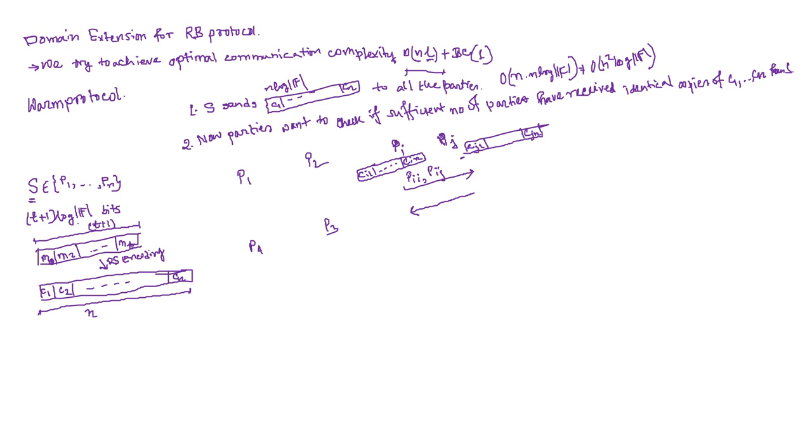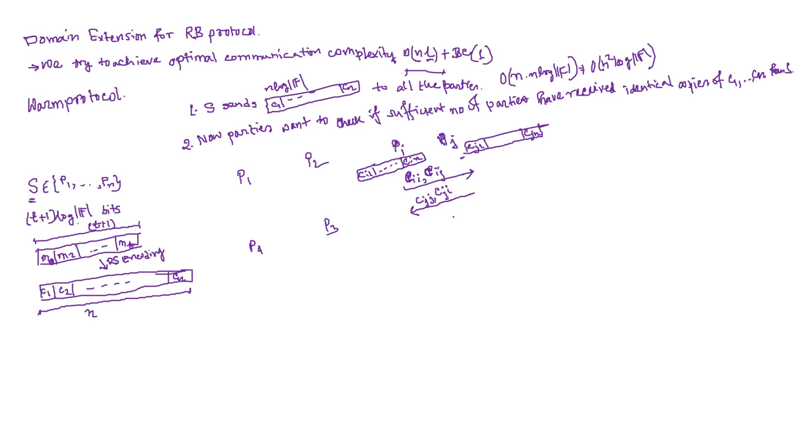Sorry, I should write it C, not P. The ith element of this array Ci, that is Cii, and the jth element of the array Ci, that is Cij, are sent by Pi to Pj, and on the other hand, Pj sends to Pi Cjj and Cji, right?